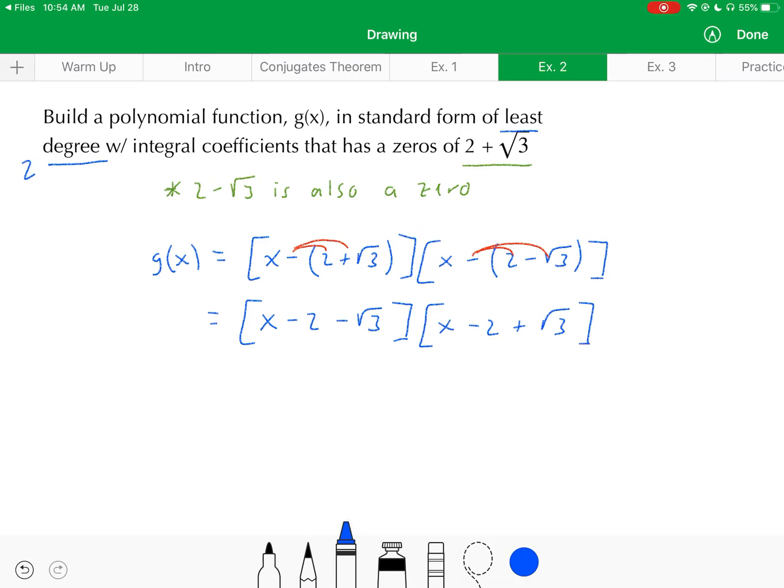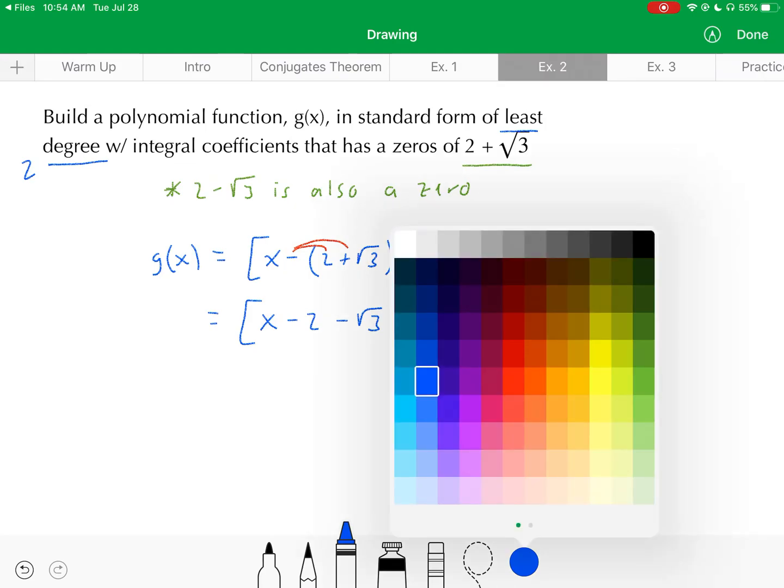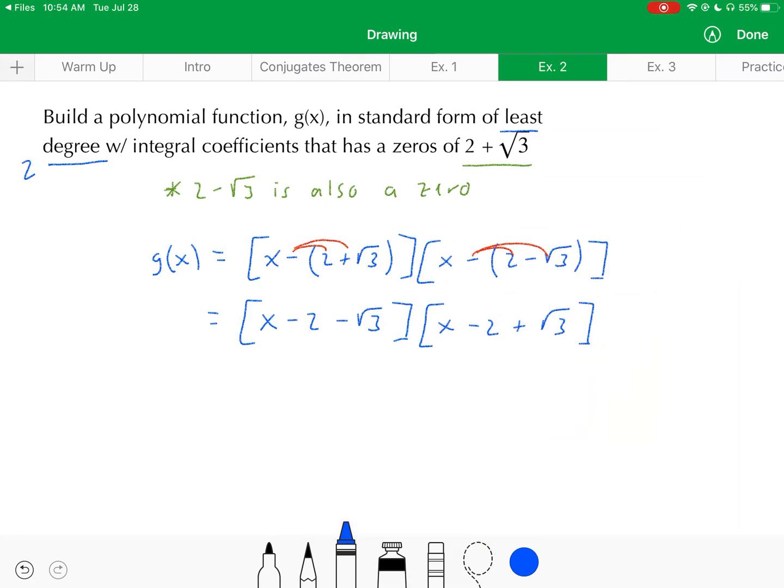Now, technically, when you distribute those negative signs, the parentheses clear, they go away. But I'm actually going to bring them back into play because in each set of brackets here, you have 3 pieces working together with addition and subtraction. Whenever that's the case, you do your addition and subtraction from left to right.